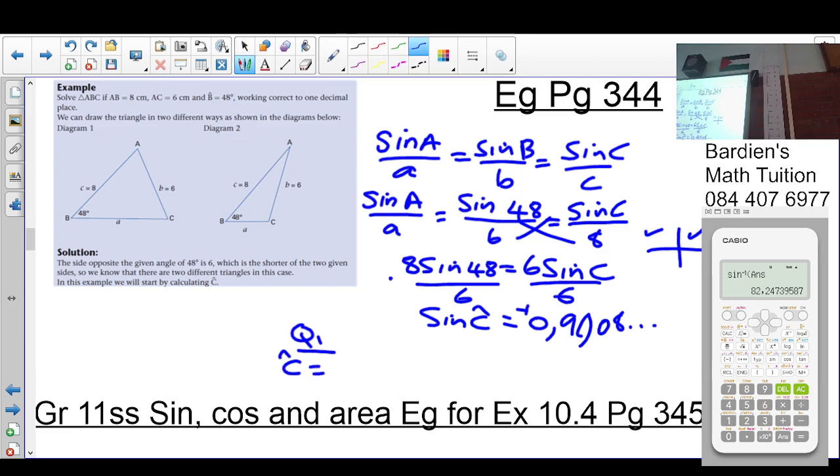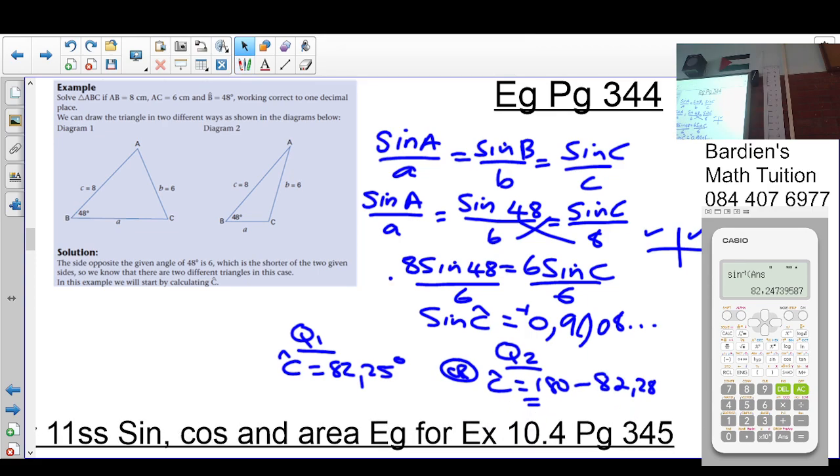So C is equal to 82.25 degrees. Or, in quadrant 2, the angle C is equal to 180 minus 82.25, which gives you 97.75.